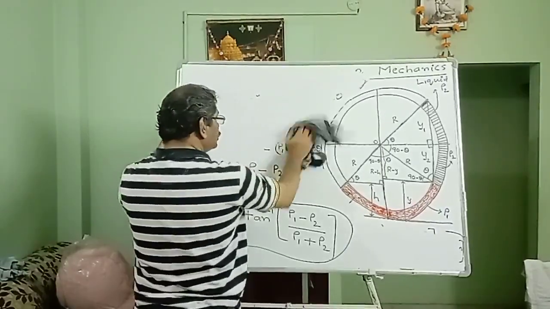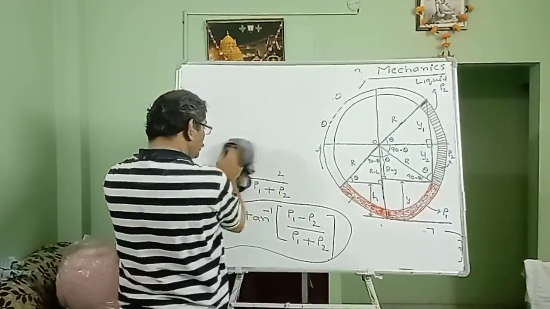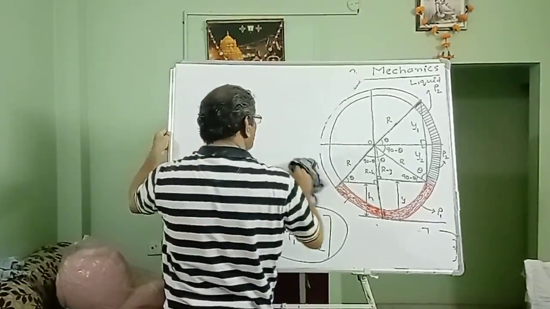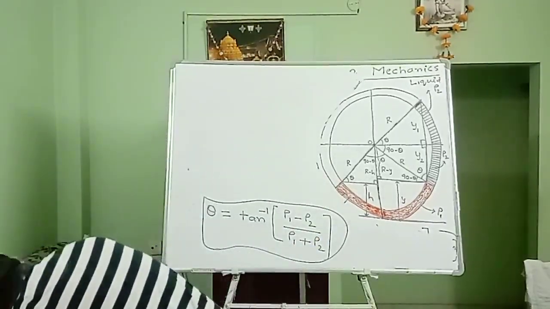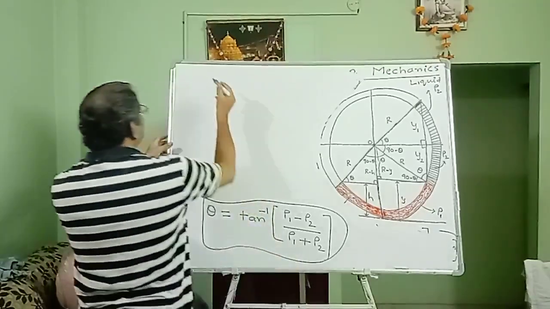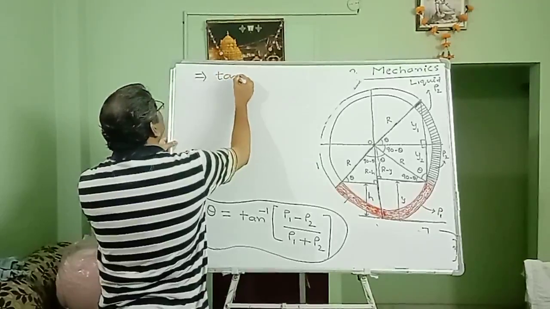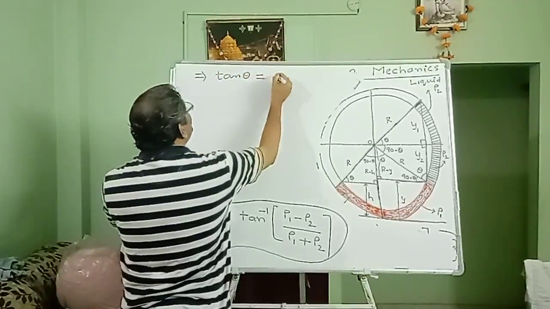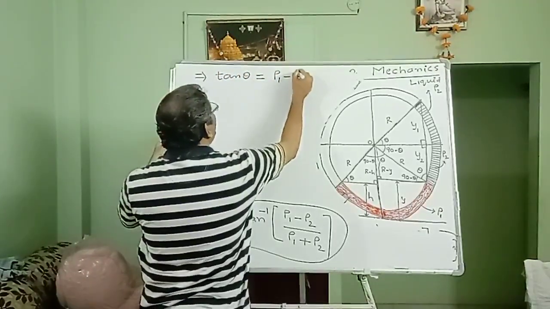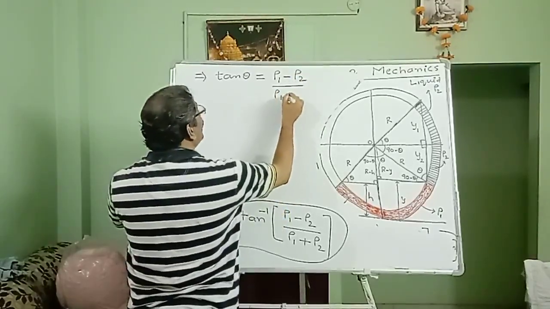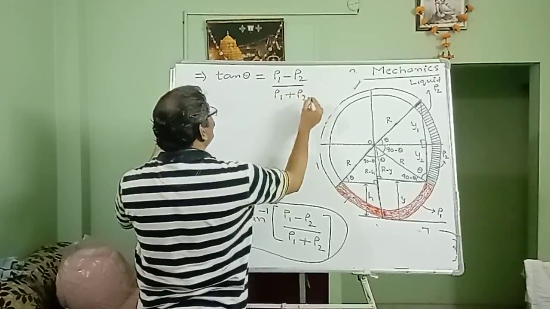Let us see what we are going to get upon further simplification. We already got tan theta numerically equal to rho 1 minus rho 2 divided by rho 1 plus rho 2.